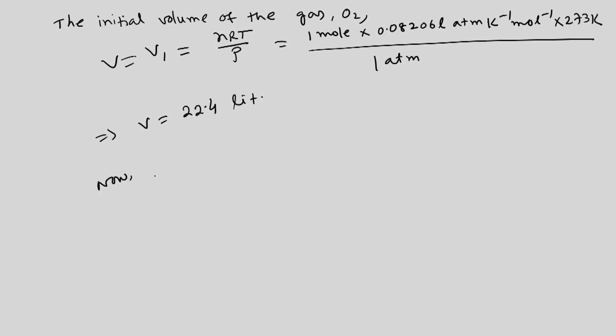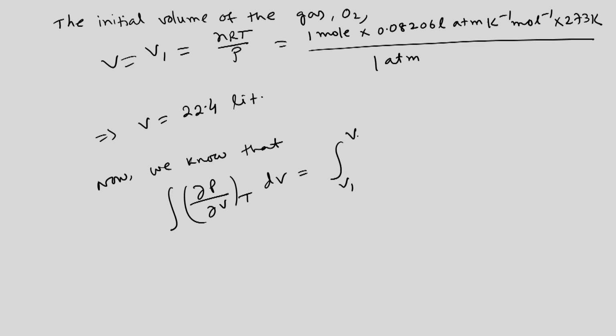Now, we know that the integral of (A by V squared) dV from V1 to V2 equals A (V2 minus V1) by V1 times V2.